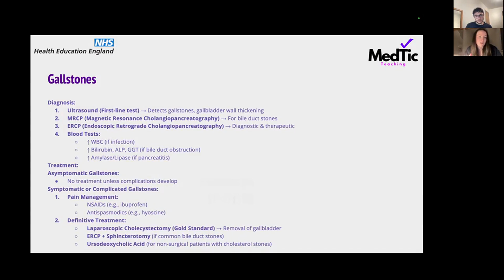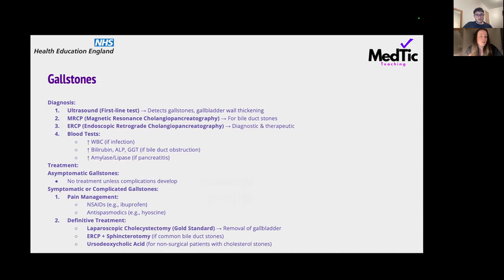That would be the first thing that we'd do if we suspected it in A&E or GP. But we can also use MRCP to have a look at bile duct stones and ERCP to break up the gallstones, and it's diagnostic and therapeutic.